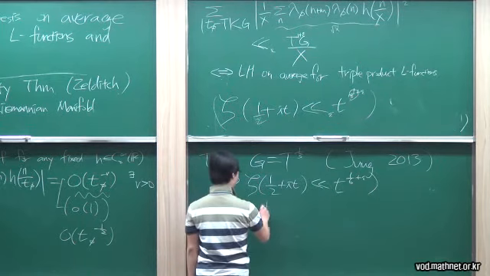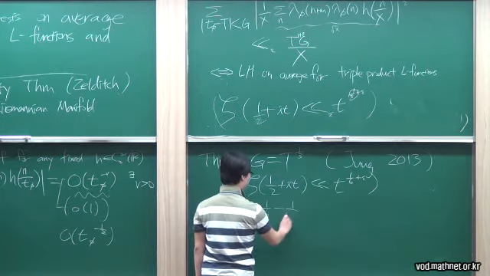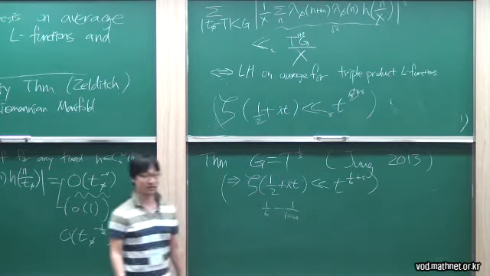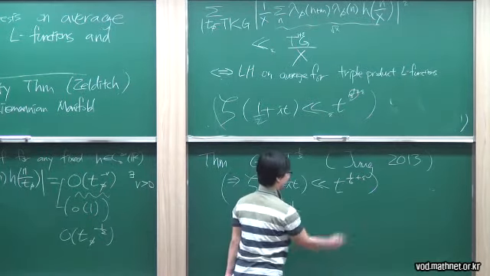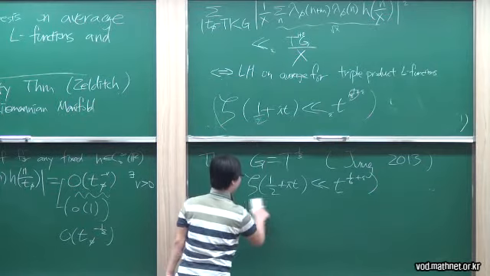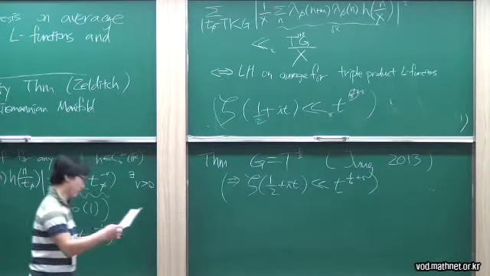It is something like 1/6 minus 1 over 1,000 or something like that. So this is the best bound, whereas this is the classical Weyl bound, the Weyl exponent.